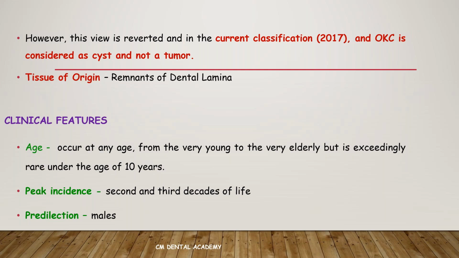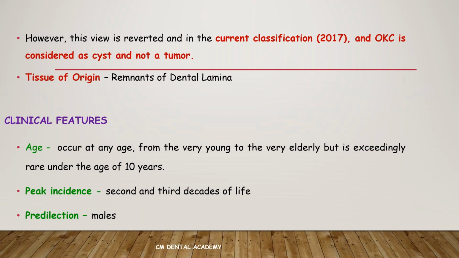However, this was reverted, and in the current classification of 2017, it is again considered a cyst and not a tumor. The tissue of origin for this cyst is the remnants of the dental lamina.